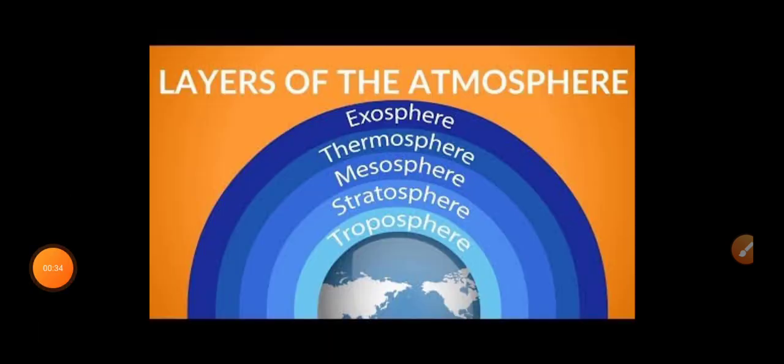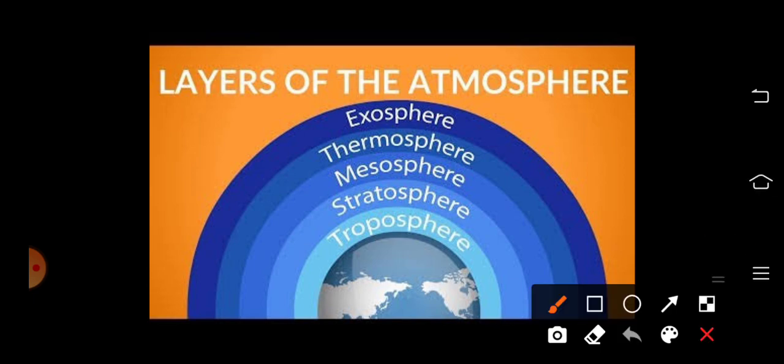So here you can see the distinct layers of the atmosphere. Our atmosphere is divided into 5 layers starting from the Earth's surface. Let us check one by one. The first layer, the closest layer of the atmosphere to Earth, is the troposphere. The second layer is the stratosphere.